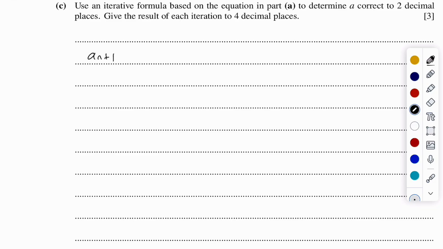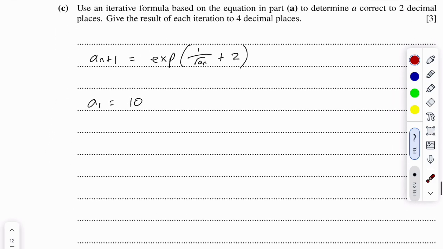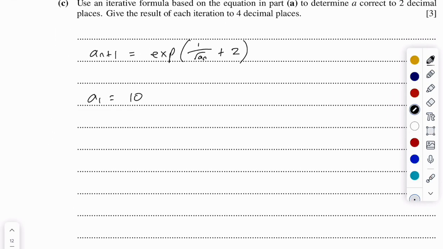We've got a n plus 1 is equal to e to the 1 over root a n plus 2. Let a1 equal 10, because we know it lies between 9 and 11, and so 10 is the middle ground.